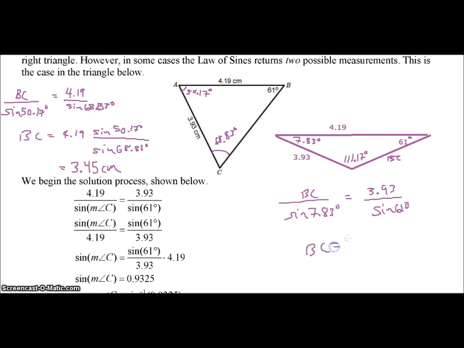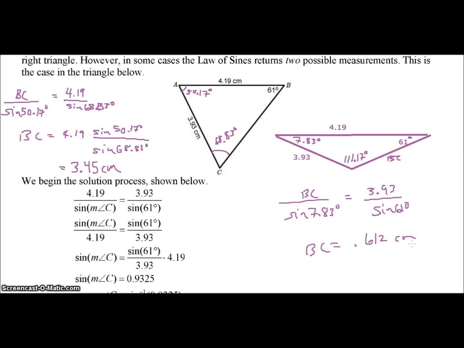So BC would be 3.93 divided by sine of 61, and then multiplied by sine of 7.83 degrees. 0.612 centimeters.